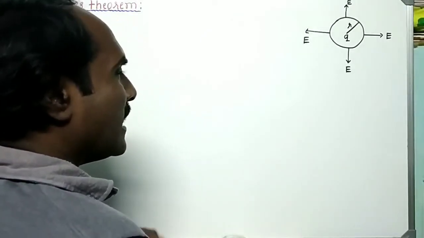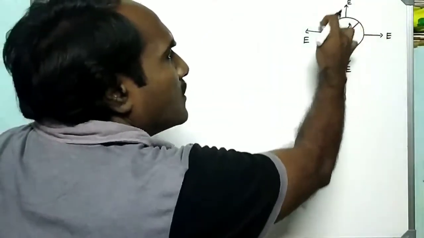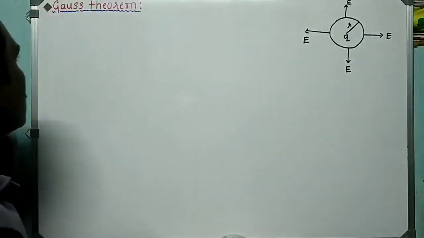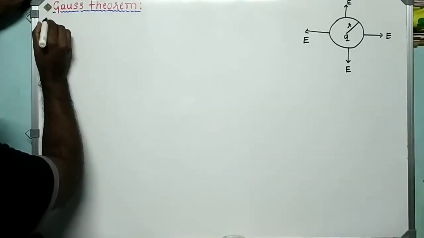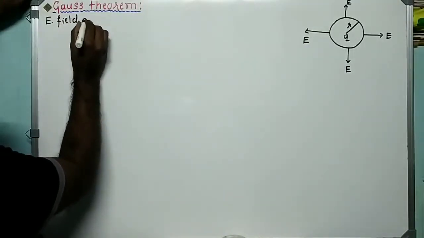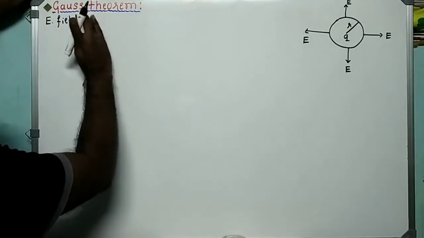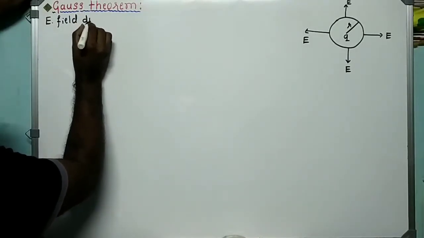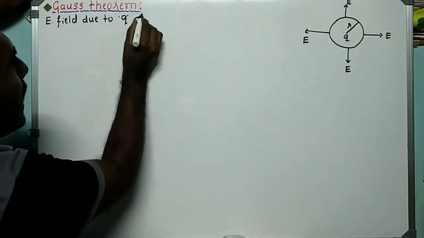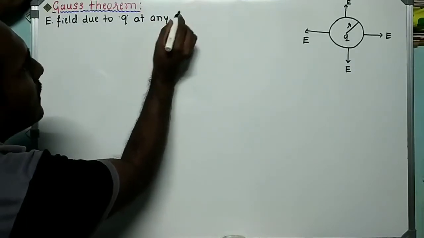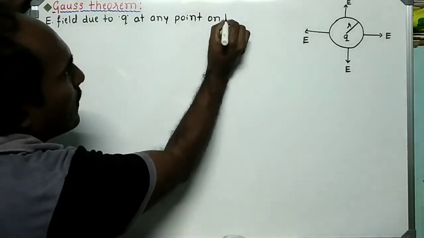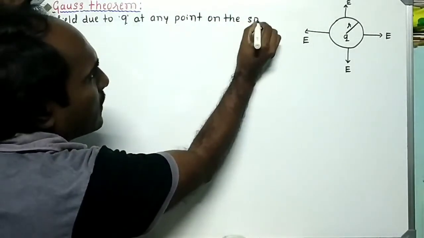Now electric intensity at any point on the surface of this sphere due to charge Q, which is kept at the center, is given by what? That is electric field due to Q charge at any point on the sphere.